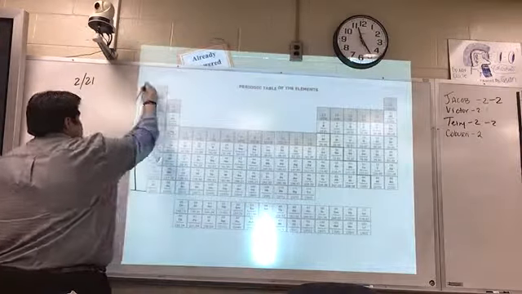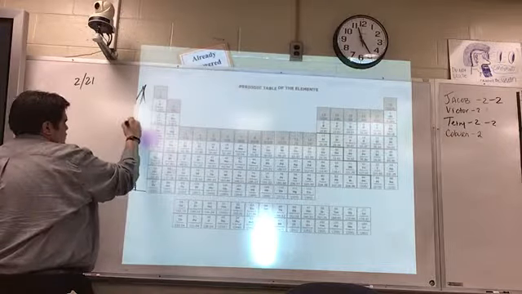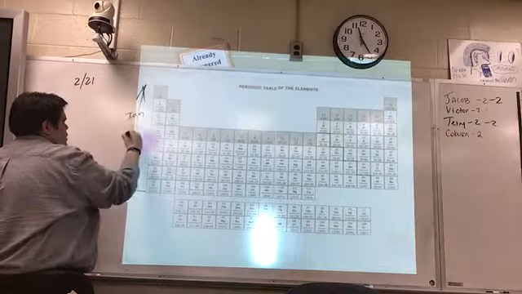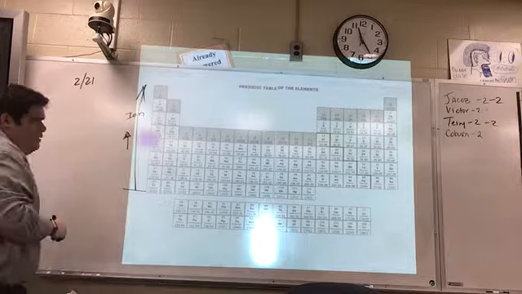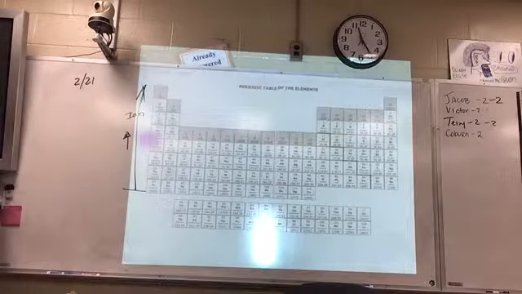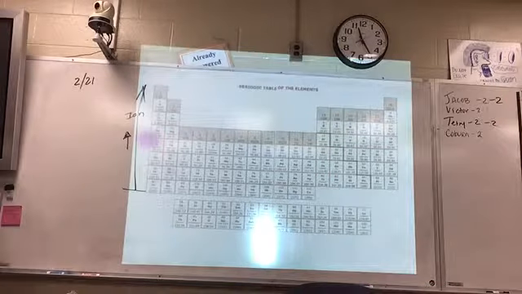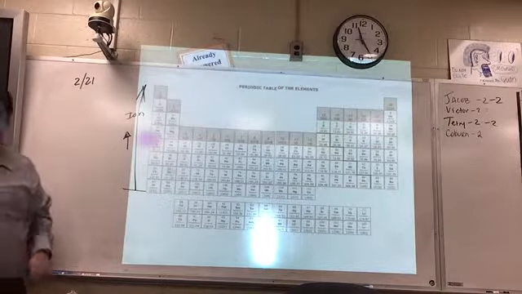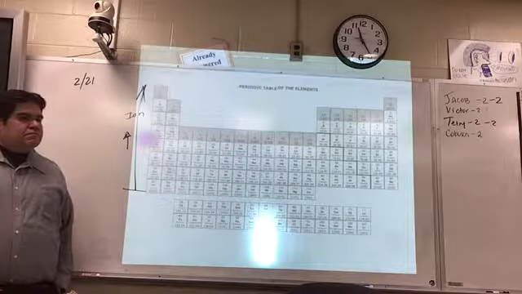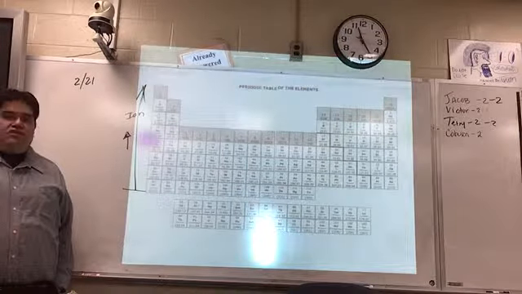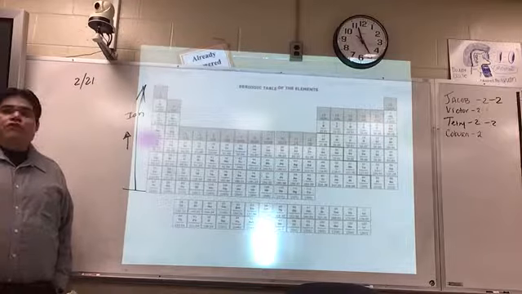So here's the rule. We know that as we go up, the ionization energy increases. Okay. Now, I don't have to go back to my notes now. So let's go now to the other rule. What's the other rule? What's 2b say? Rule 2b. Ionization energy increases from left to right.